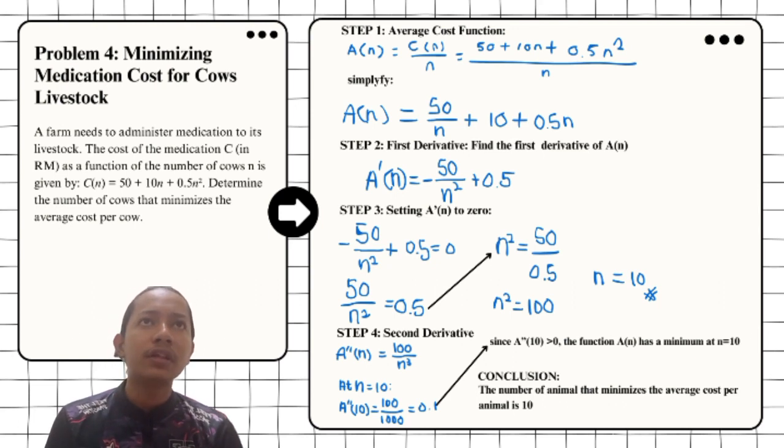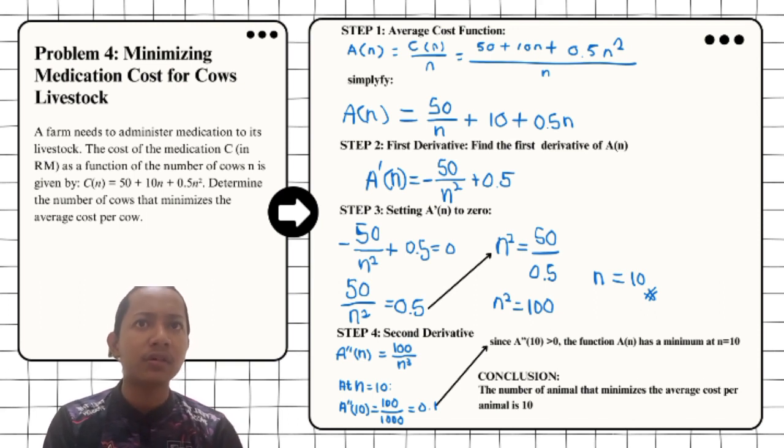Negative 50 over n to the power of 2 plus 0.5 equal to 0. Next, 50 over n to the power of 2 equal to 0.5. Then n to the power of 2 equal to 50 over 0.5, and we can get n to the power of 2 equal to 100.